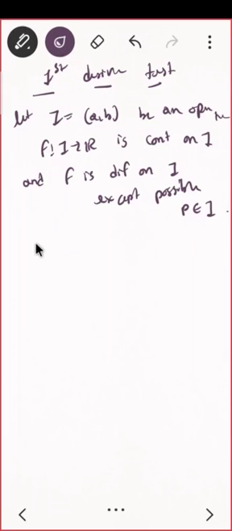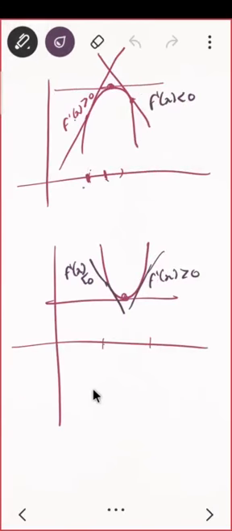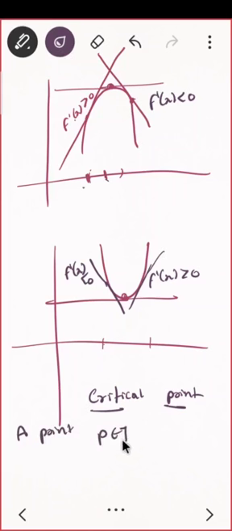And suppose P is my critical point. Do you know what a critical point is? I should have stated the critical point somewhere. Maybe I'll just write it. The point at which the derivative of the function is 0 is called a critical point. A point P belonging to I is said to be a critical point of f.